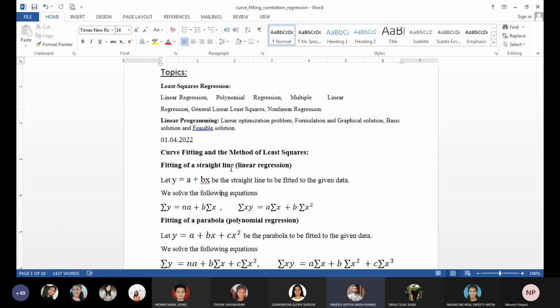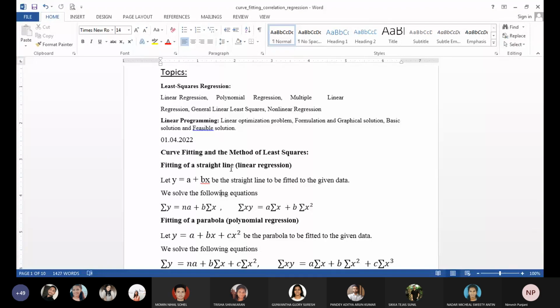B. B is the slope. Good. So we take the line y equals a plus bx. So now our aim is to find out the values of a and b, so that we can get the line which can be fitted through the data which we have.